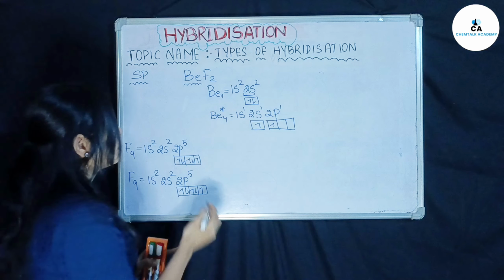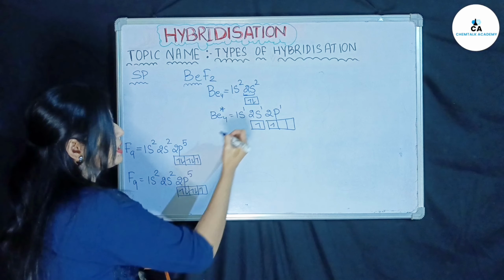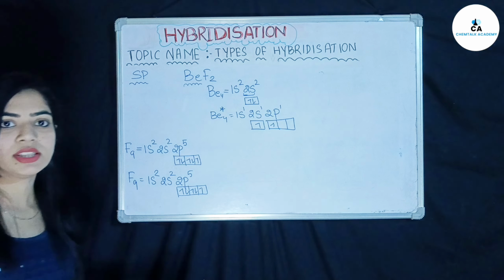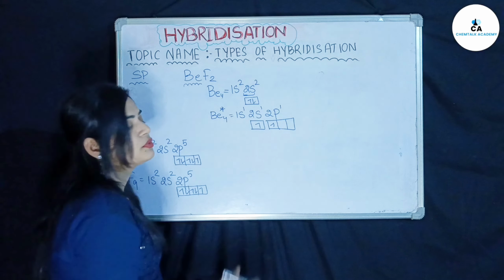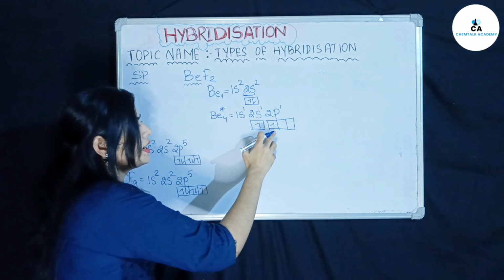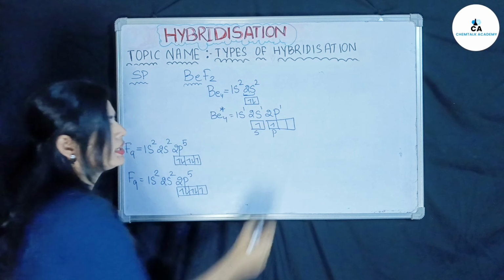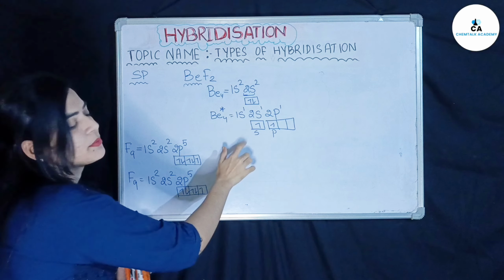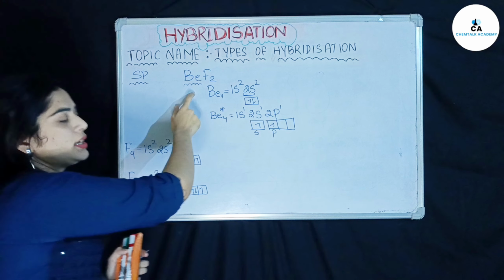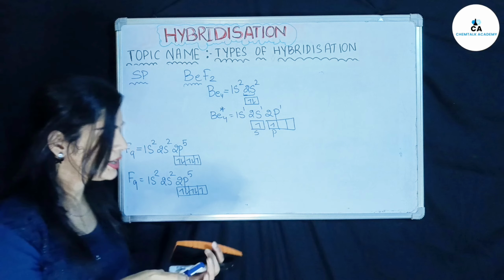Now, one overlapping is different, as I told. Which one? This is sp and this will be pp. So the one thing we can do is go for the intermixing of two atomic orbitals, that is s and p. In case of beryllium BeF2, one s and one p is intermixed.